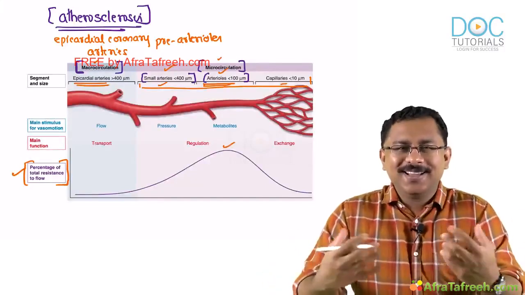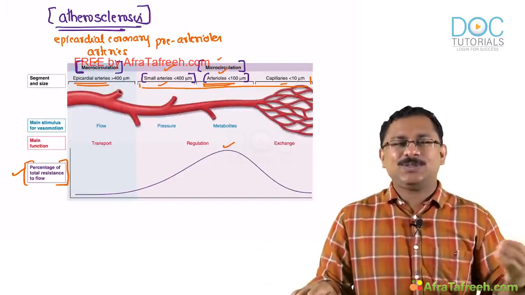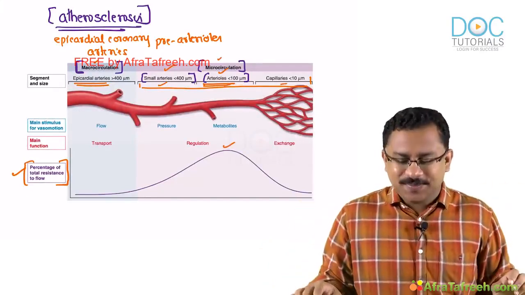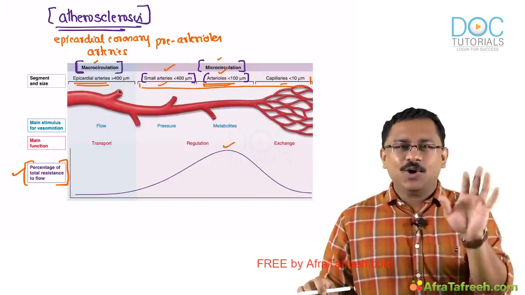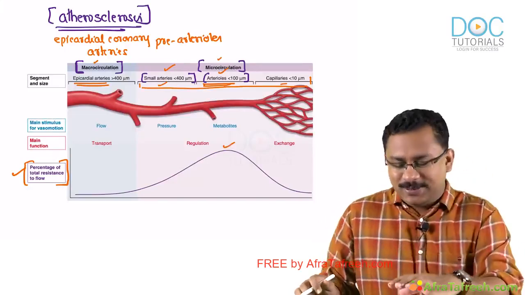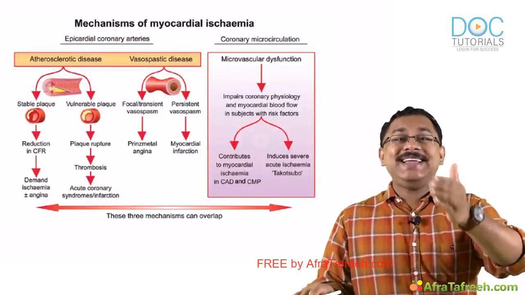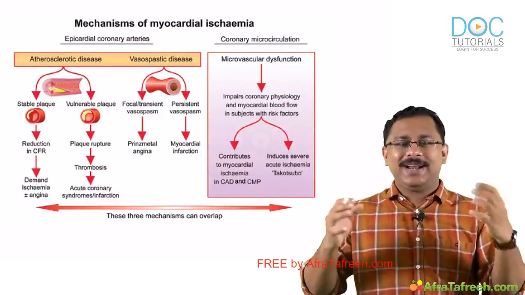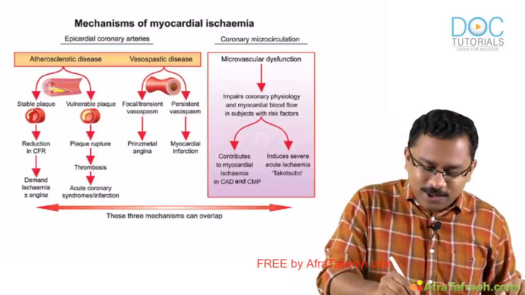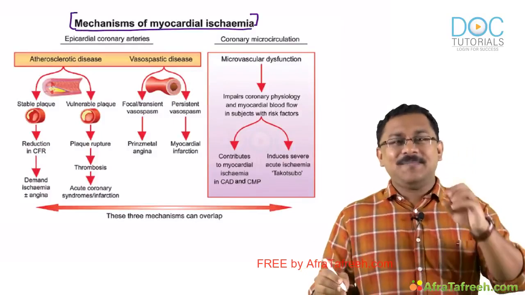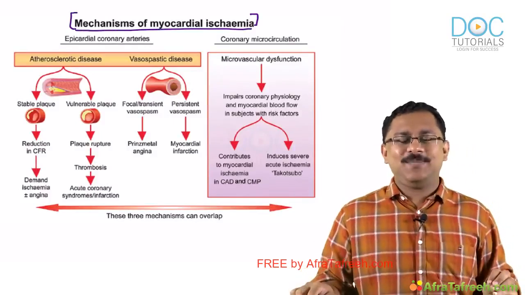Okay, so we are learning more about ischemic heart disease, the macrocirculation and microcirculation. We now have an overview of the micro and macro circulation. Now let me take you to the actual reason why myocardial ischemia develops. Again, I am taking your attention to this picture on the mechanisms of myocardial ischemia.